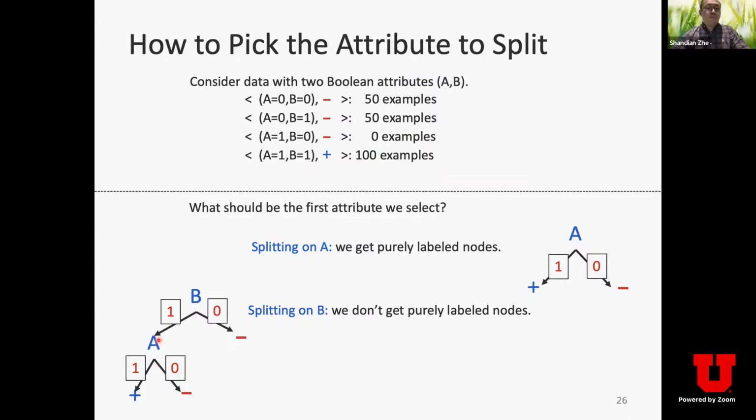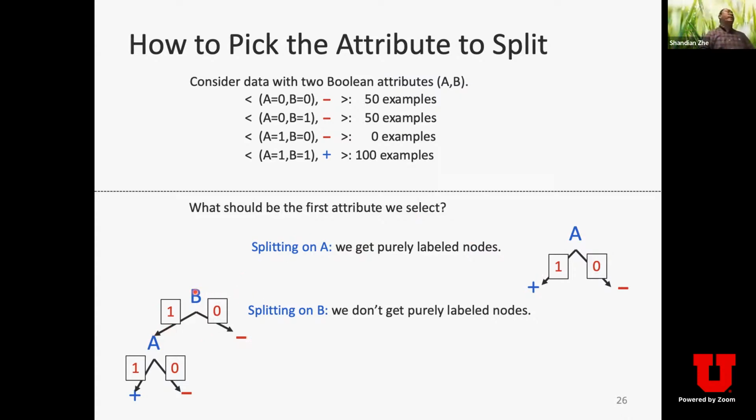For those B is 1 examples, you have to further split them on A to get purely labeled subsets. So based on this result, which attribute should we use to split on the data set? A, because obviously, after using A to split, the label purity is much better than the label purity of using B.